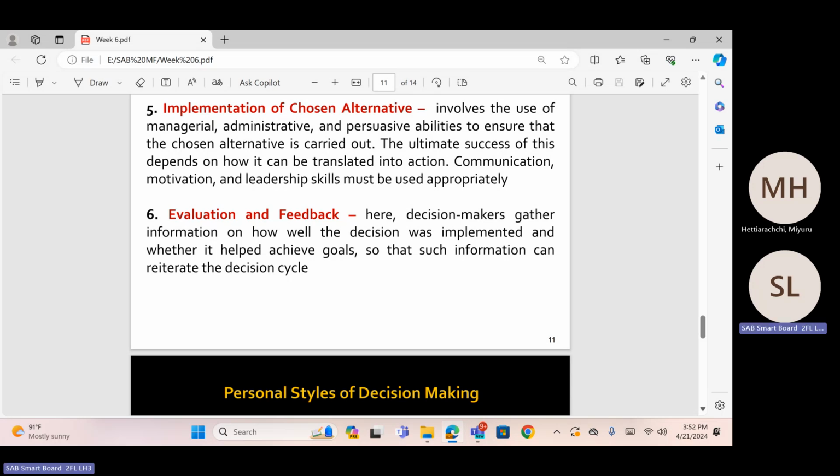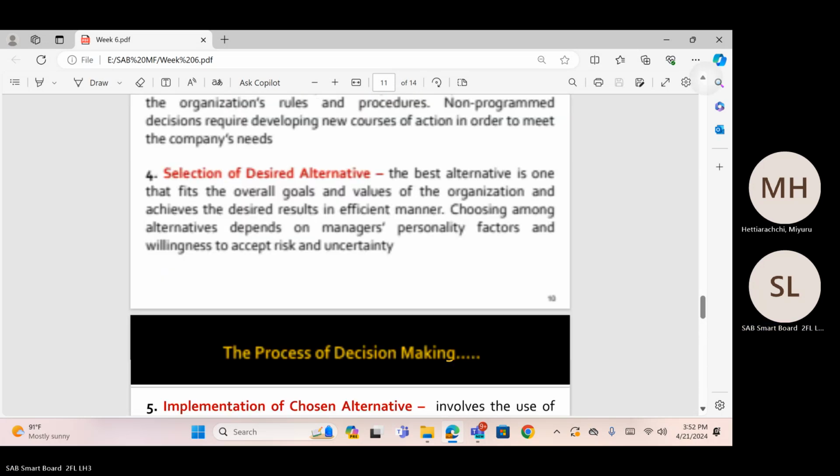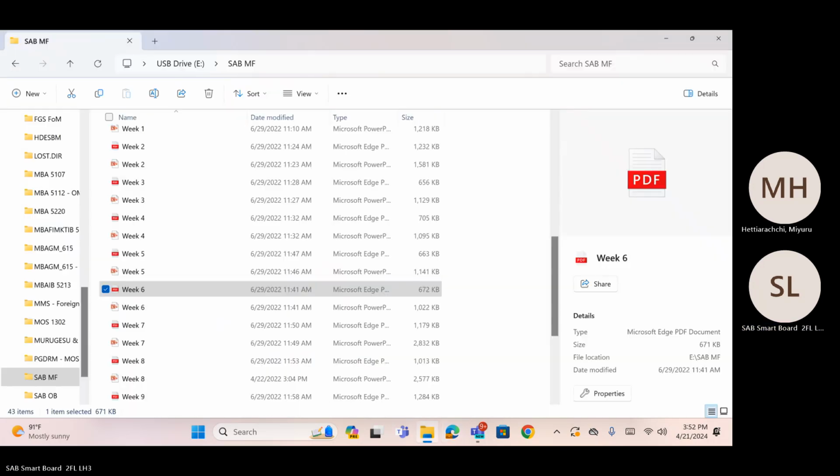And then we will move to the alternative decision making models.